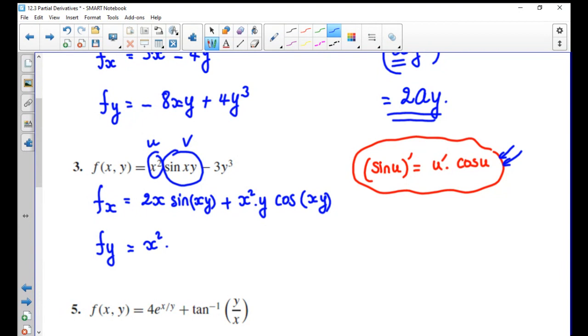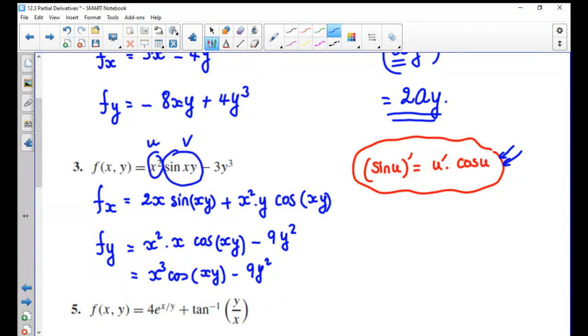So it's going to be x cosine xy, and then minus 9y squared. And this one maybe needs a little bit of tidying up. X squared times x is x to the power of 3. So x to the power of 3 cosine xy minus 9y squared. Like this.